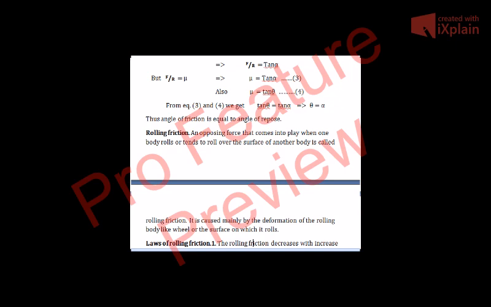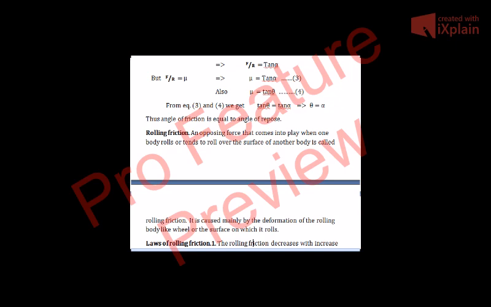We also know that F by R is equal to mu, that is the coefficient of limiting friction. F by R is equal to tan alpha, F by R is equal to mu. So when we compare these two, we get mu is equal to tan alpha.